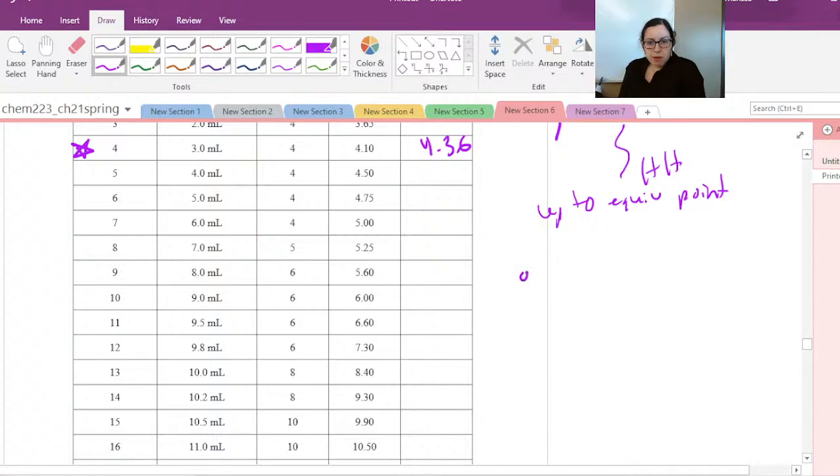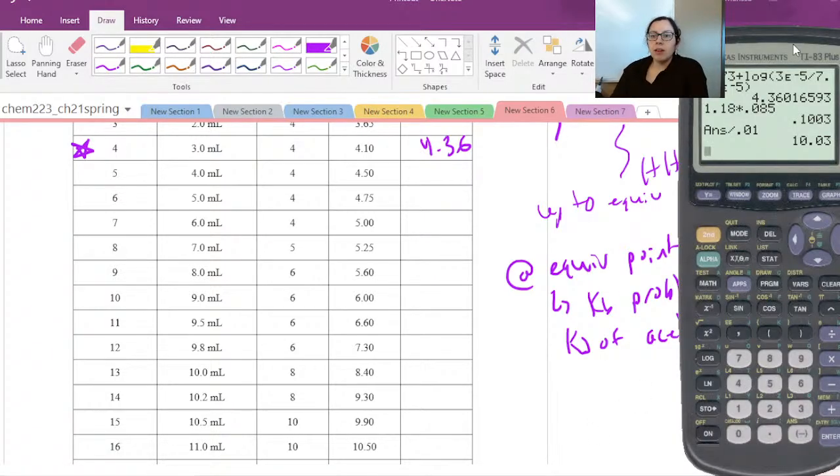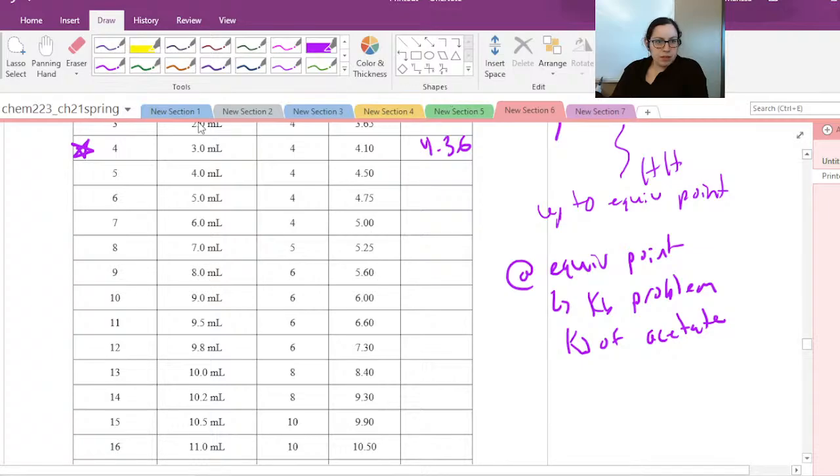But just remember, at equivalence point, even though the moles are going to be equal, you have to treat it like a Kb problem, taking into account the Kb of acetate, which we can at least do that.